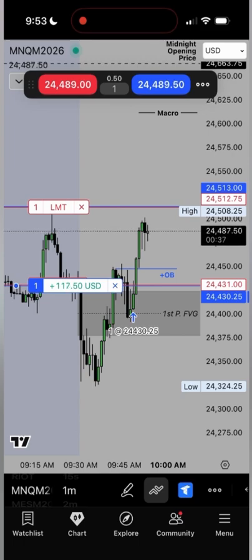I like how we traded into that fair value gap, failed to close inside of it, just leaving wicks. And price immediately moved back up. That's a bullish signature for me.